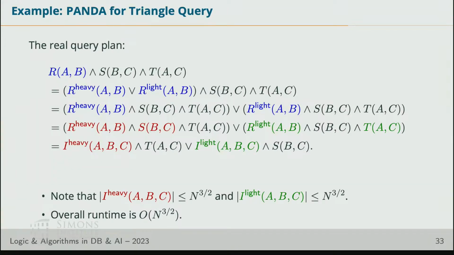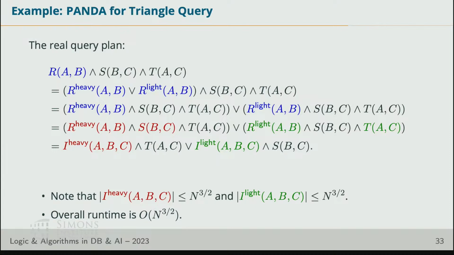This is joined with T. So for every A, there are at most root n B's, and then we are going over n things in AC. So for every AC tuple, the number of B's is root n, and so the light part is at most n to the 3/2. Okay, so that's the essence of the one-inequality-at-a-time algorithm.